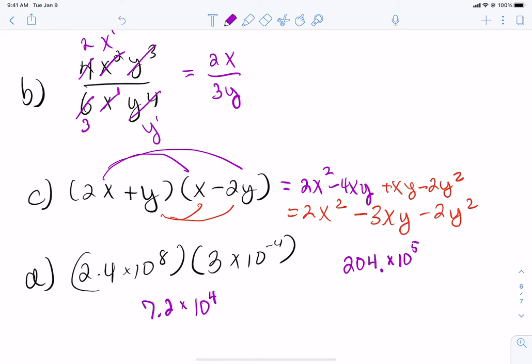Since technically your decimal point should be here, it should always be a number in front that's between 1 and 10. So that's 2.04. How many places did I just adjust it? 2 more. So we add 2 more on to the 5, making it 7. So that's what I mean if you have to adjust it.